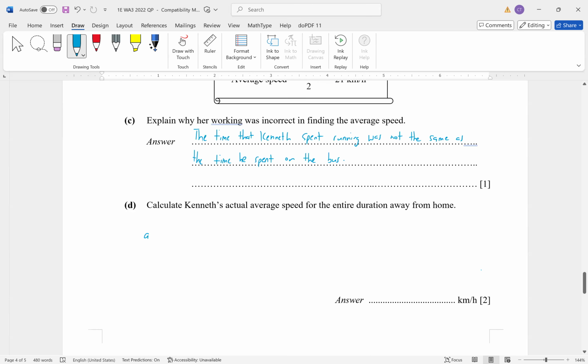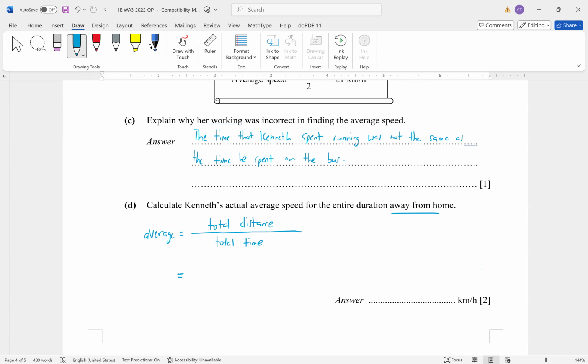So we know that the formula to calculate average speed is you must take the total distance and then you divide by the total time. Okay, so now they want the average speed for the entire duration away from home. So you need to include the time that he was eating lunch.